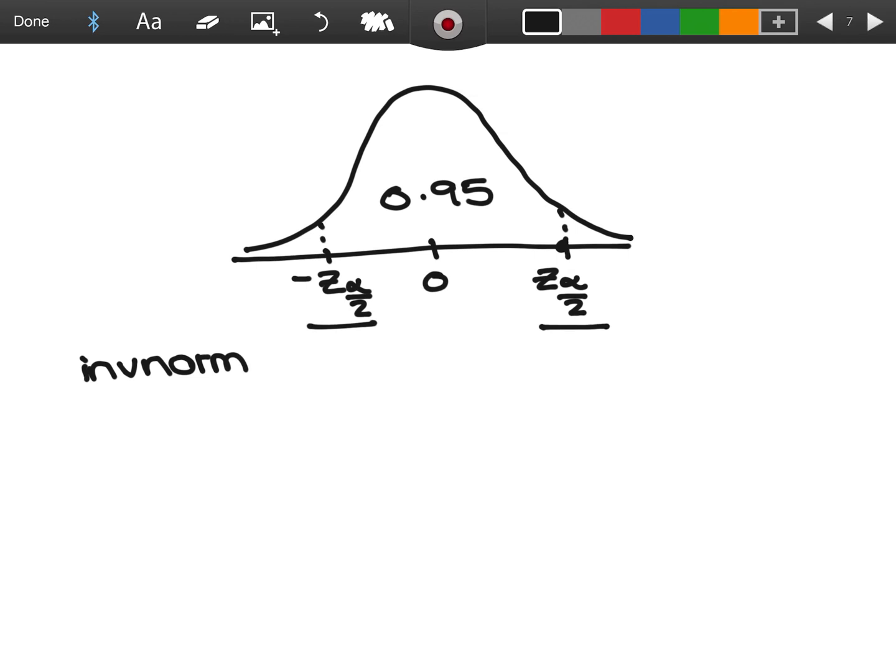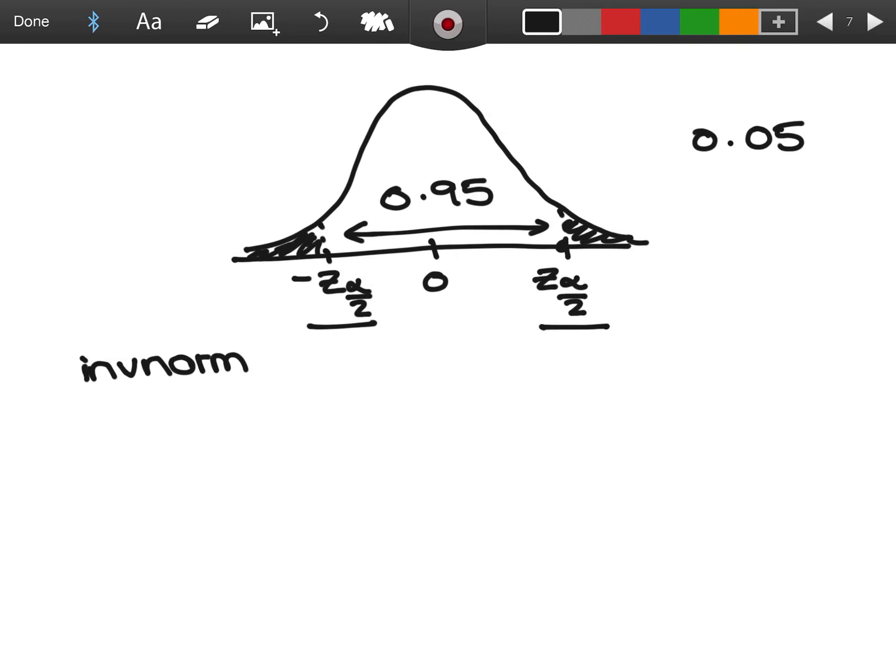So let's do this example here. If I've got 0.95 of my data lying here, I'm going to have 0.05 of my data lying here and here. But it's split in half.